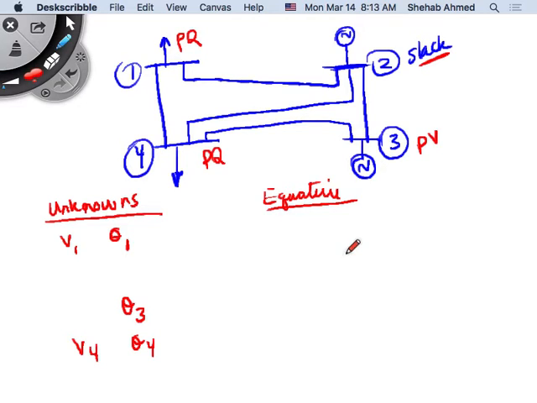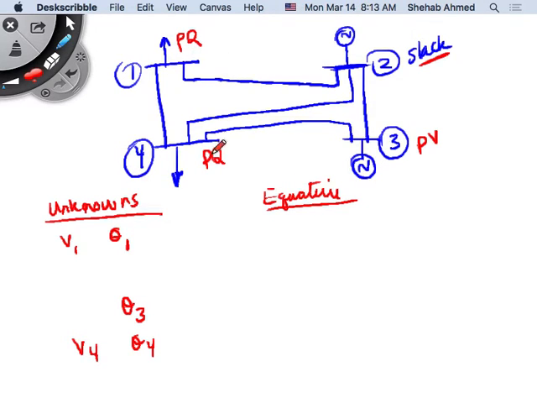What are the equations that I have? The equation would be the power flow equation. If I know, for example, P and Q at a bus, it means I can use the power flow equation for real power and the power flow equation for reactive power at that bus, right?